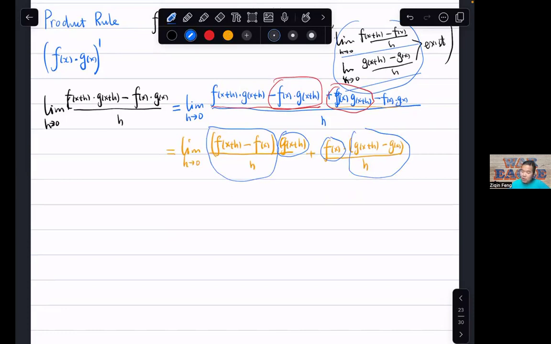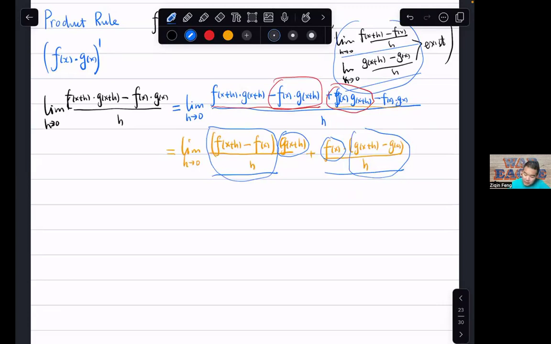So both terms here have finite numbers as limits. Their limits exist as finite numbers. We can use our sum rule for limits, the limit laws, to split our limit and take the limit, and also use the product law for limits.